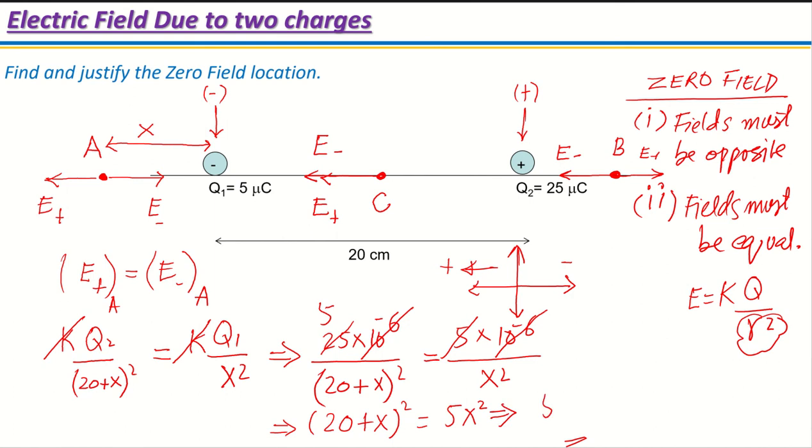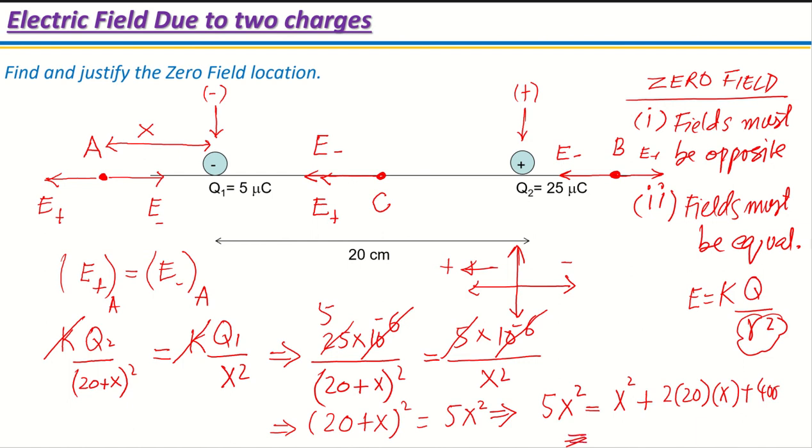So we can write 5x squared equal to x squared plus 2 into 20 into x plus 20 squared, which is 400.